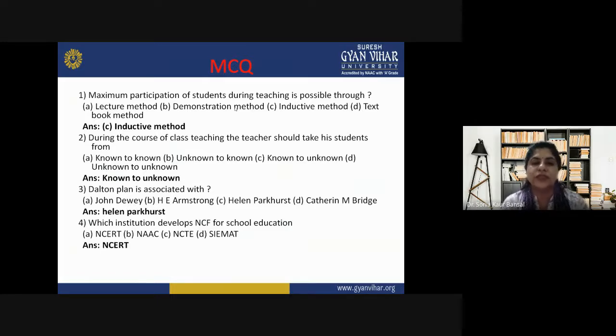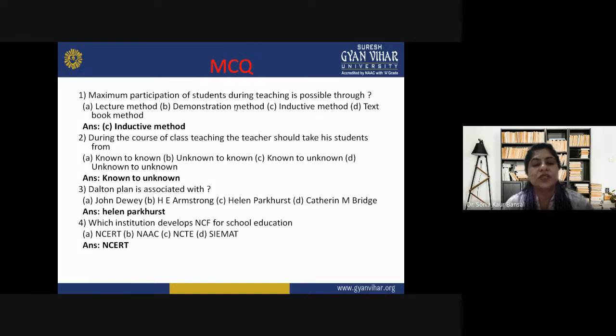During the course of class teaching, the teacher should take his students from known to unknown, unknown to known, known to known, or unknown to unknown. So the correct answer is known to unknown. The next: Dalton plan is associated with John Dewey, H.E. Armstrong, Helen Parkhurst, or Catherine Ambridge. So Helen Parkhurst is the right answer.